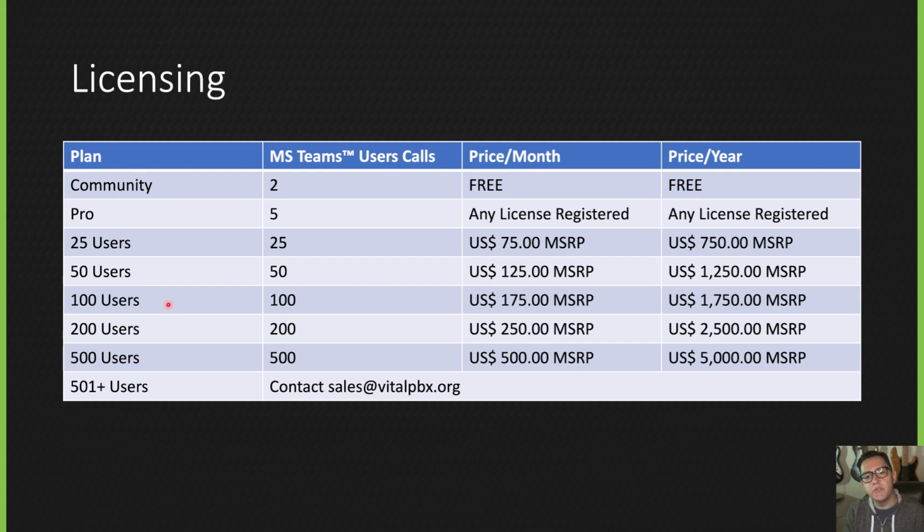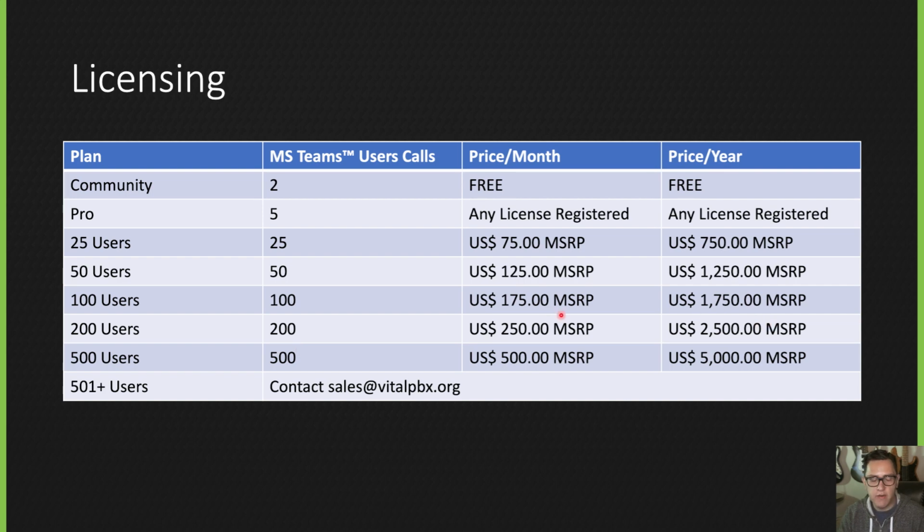You can have 100 users for $175 per month or $1750 per year. 200 users, meaning that you can call 200 MS Teams users on the allowed numbers, for $250 per month, or $2,500 per year.